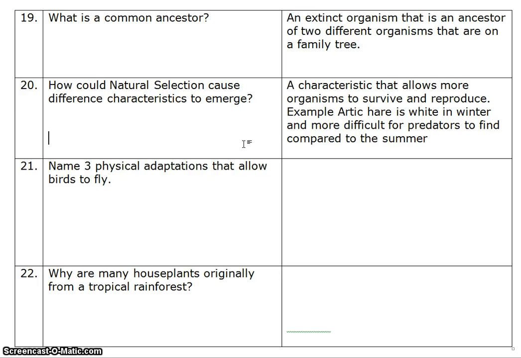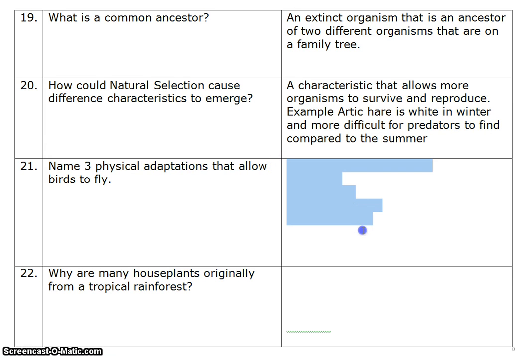If there's a characteristic that allows an organism to survive and reproduce, then it's going to be more dominant as the generations pass. Example, Arctic hares that are white in winter or live in areas where they can camouflage are more likely to survive and reproduce than ones that are brown.